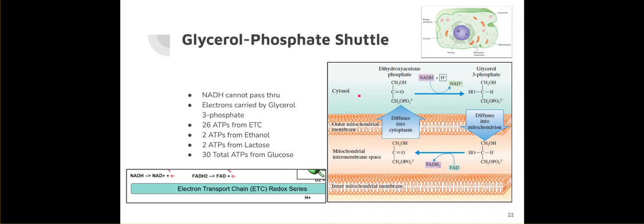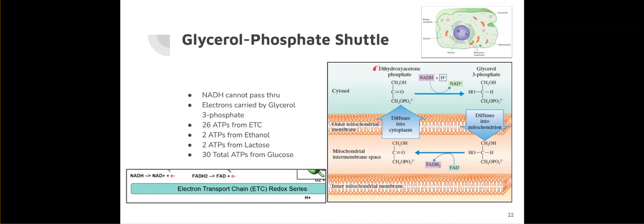And so what has to happen here is a process that utilizes a glycerol phosphate shuttle to get the electrons from the NADH into the system.